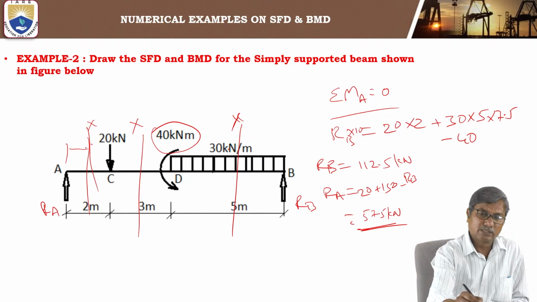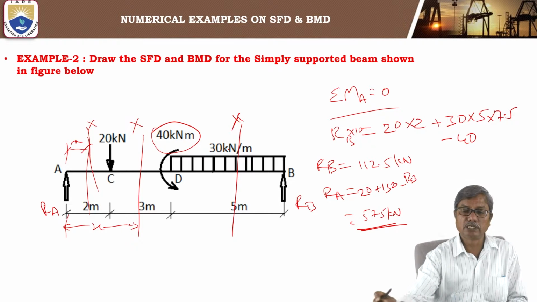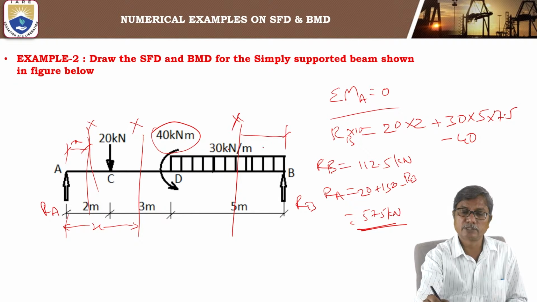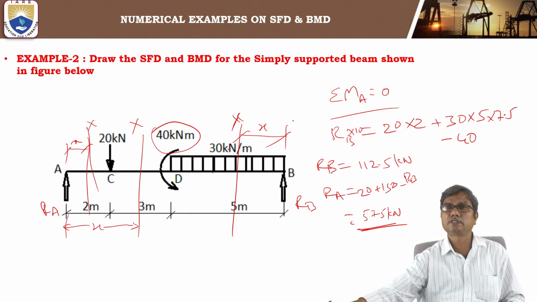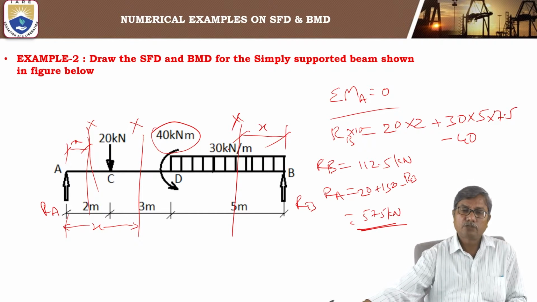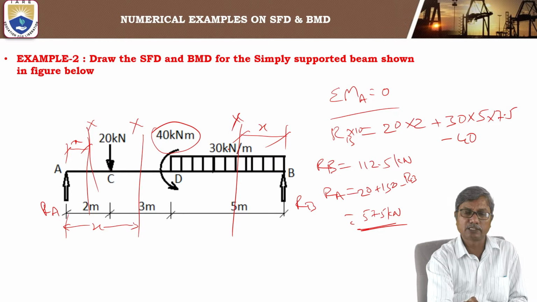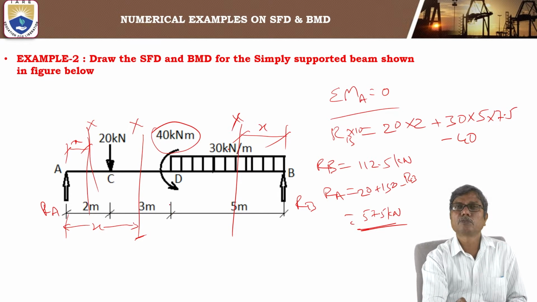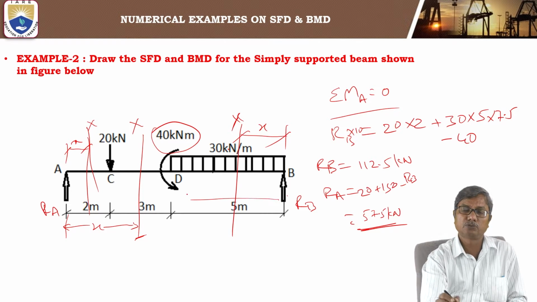For the sections AC and CD, we take the origin at A, and for the section DB, we take the origin at B. The limits for X are 0 to 2 for AC, 2 to 5 for CD, and 0 to 5 for DB.